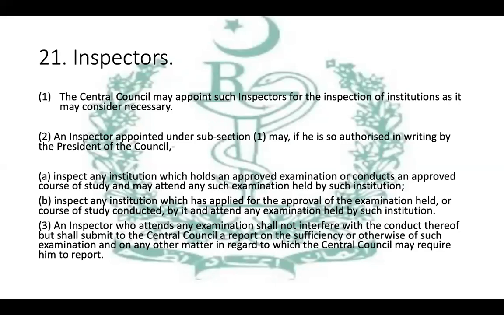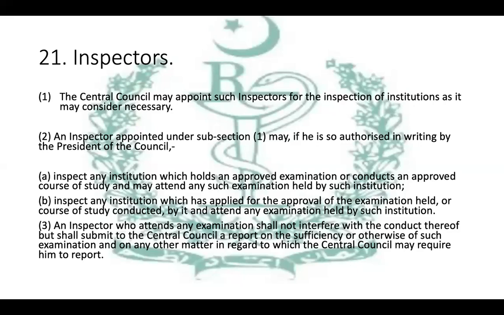Section 21(2)(a) says, what he has to do? Inspect any institution which holds an approved examination or conducts an approved course of study, and may attend any such examination held by such institutions. He has to inspect any institution where there is an approved examination by the pharmacy council or an approved course of study, maybe certification, whatever.